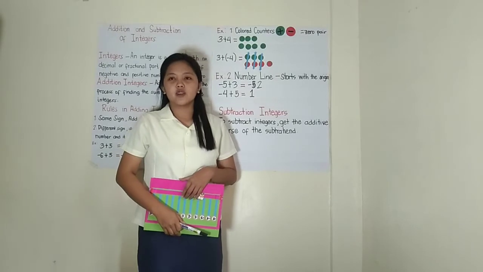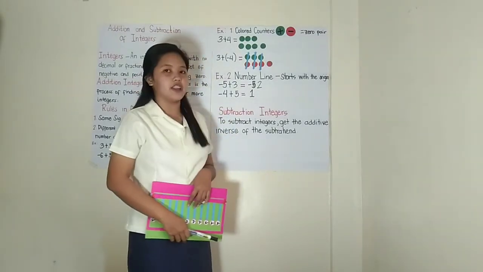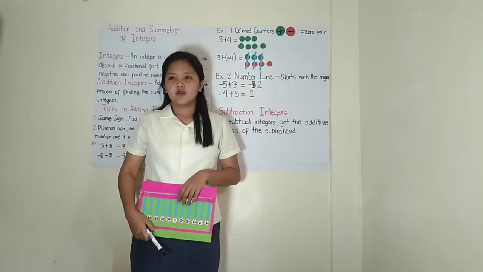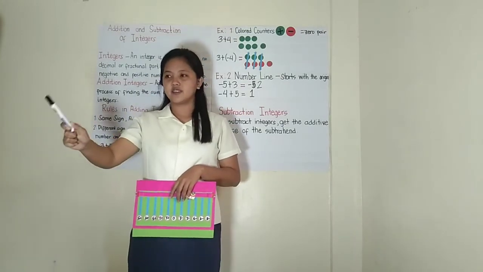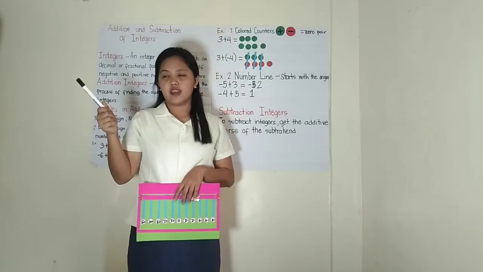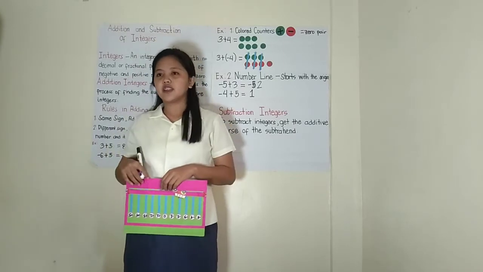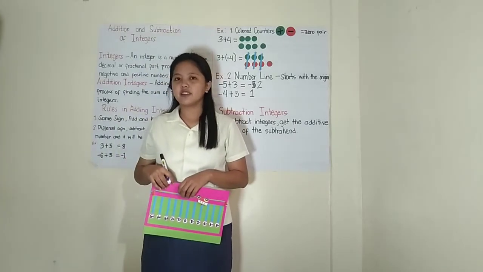Okay, let's proceed to our first example. 3 plus 7. What is the answer? Yes, Angelica. 7. Good. But I'll explain this. They are same positive number, right?